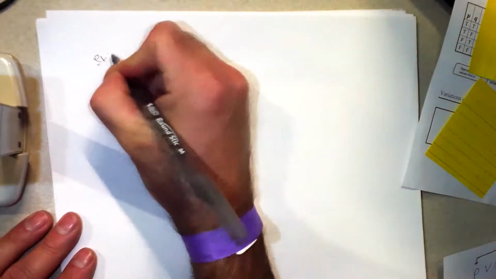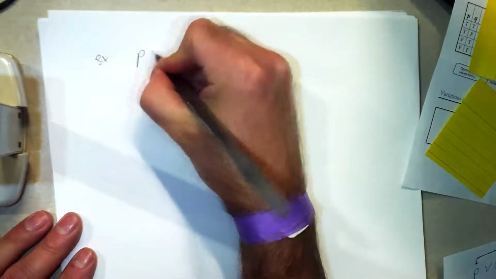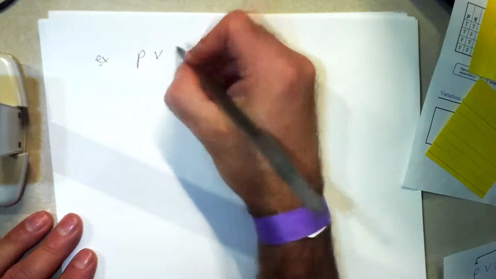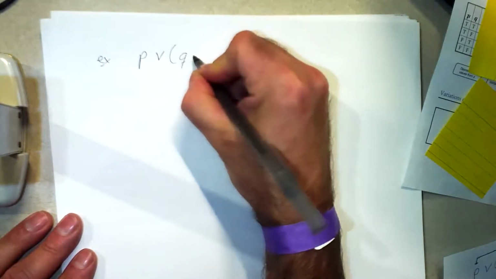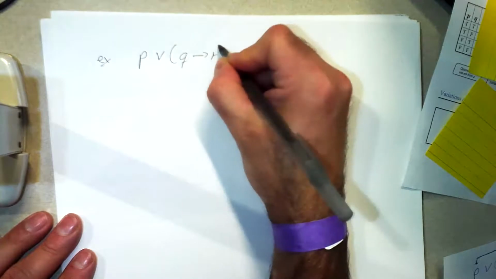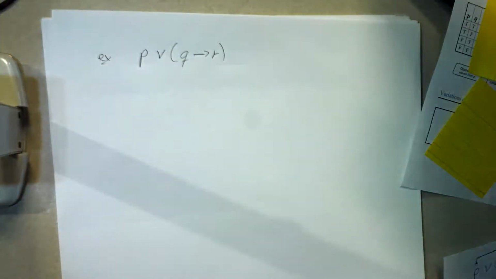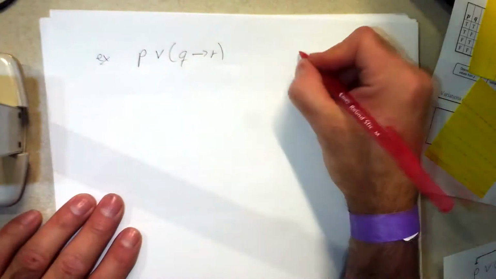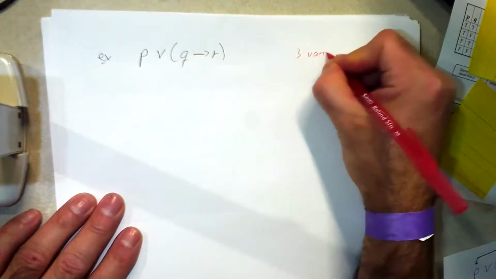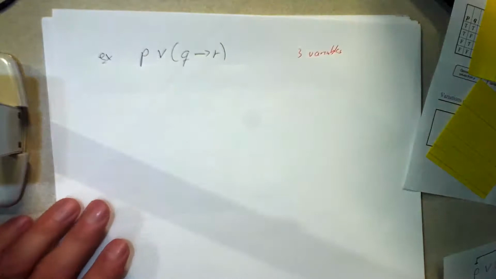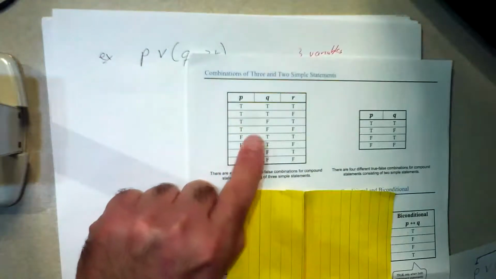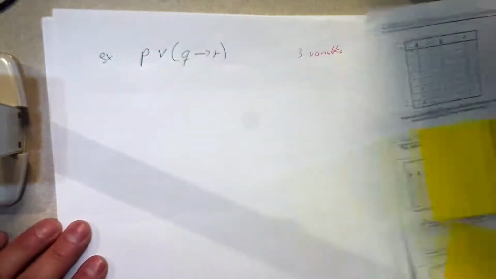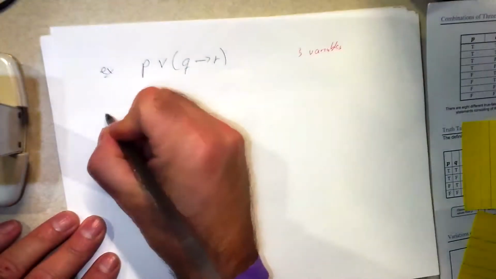Right, so the last one reads P or Q arrow R. Again, this one has 3 variables, which means I'm going to have to start it up with 3 columns, right? So let's see if you remember them.